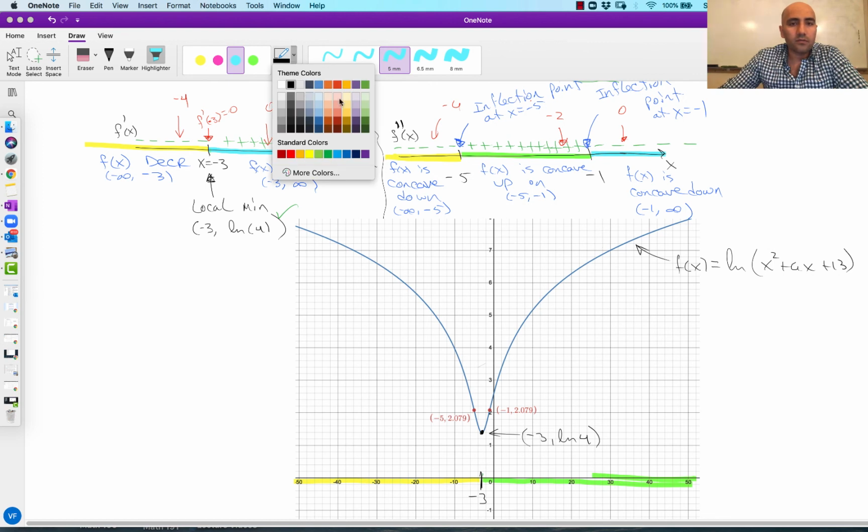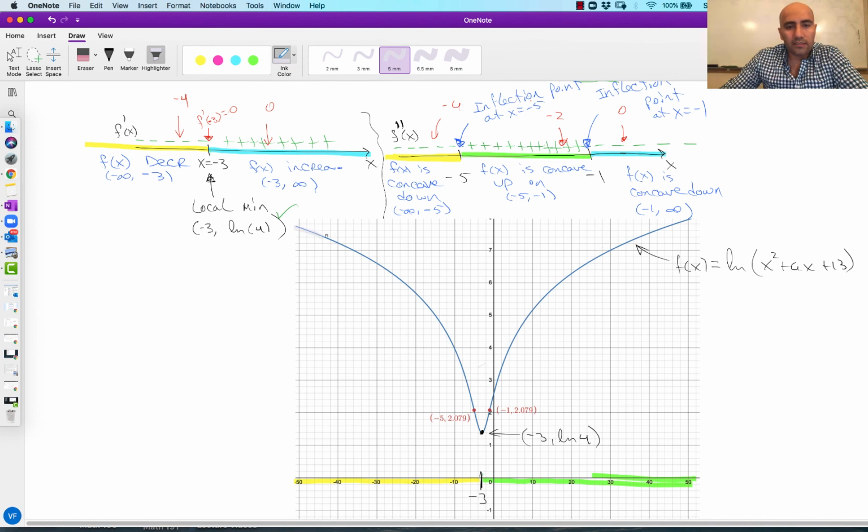So this shape right here, this purple part, all of this is concave down, and this part over here is also going to be concave down.